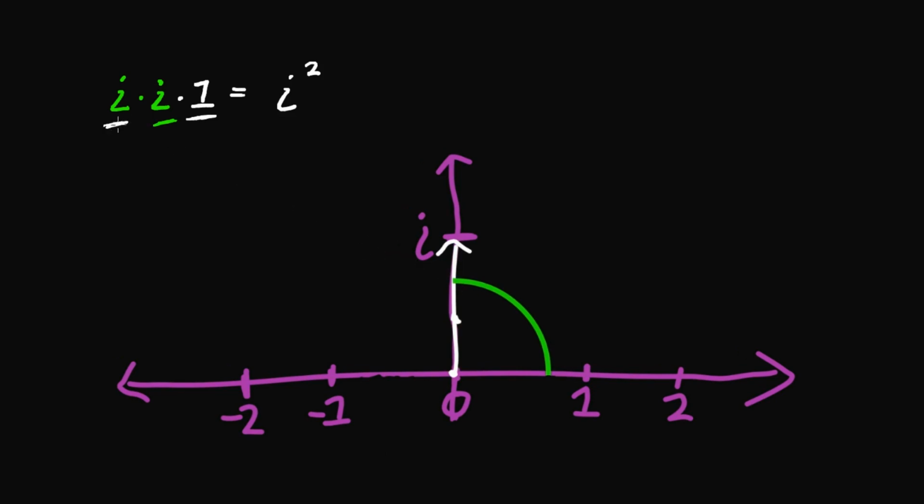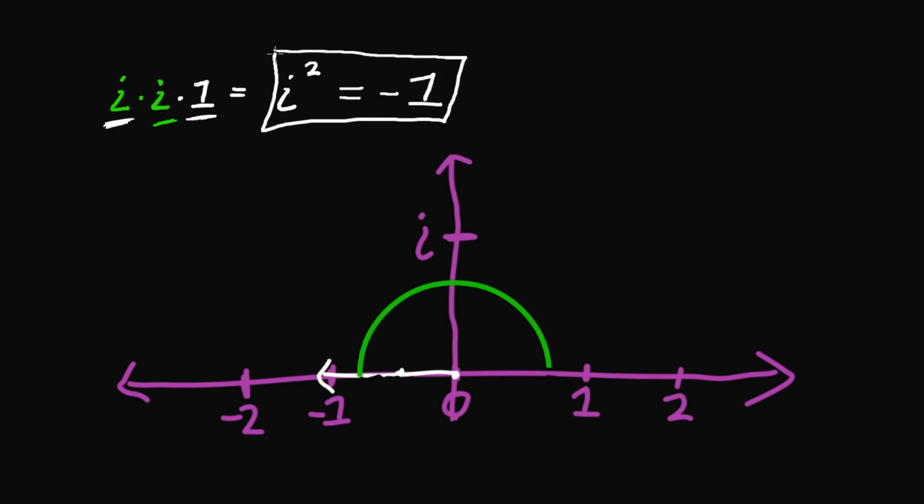And now we'll multiply by the second i, giving us another 90-degree rotation. But now you see the arrow points to -1. So what we actually have is i squared is equal to -1. This is a pretty important equality. I'll box this around. Okay, I think this is a good place to end these videos.